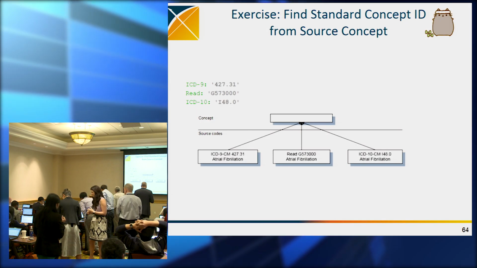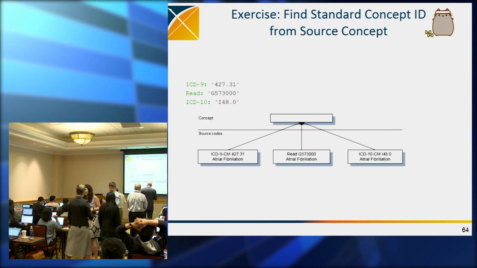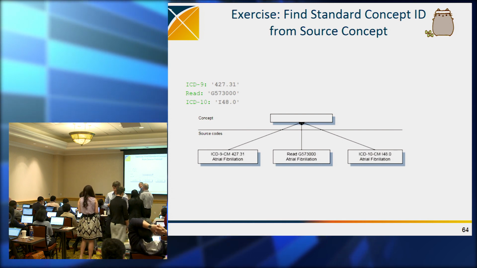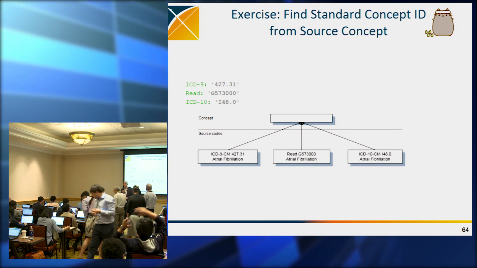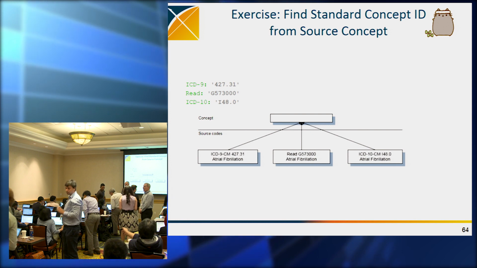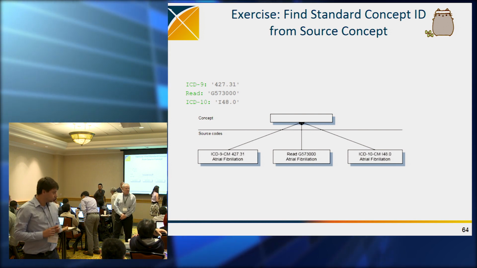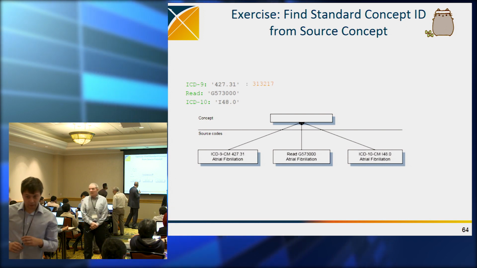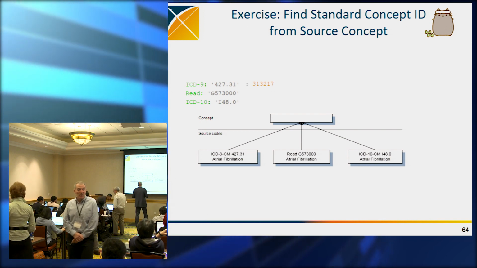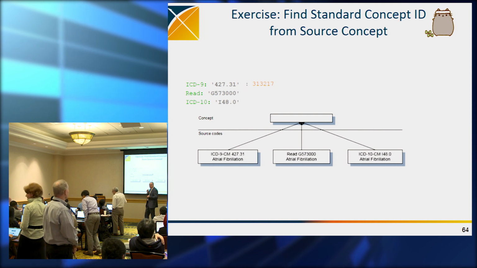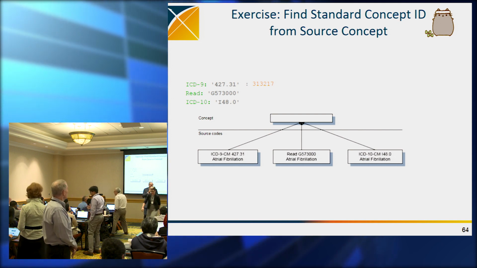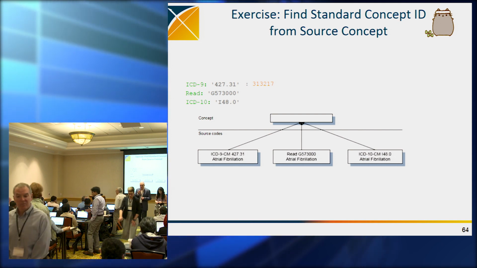So looks like people found out what the answer is. Who is still trying to figure out what these things are? Okay, then pressing on. So the winners are 313217.